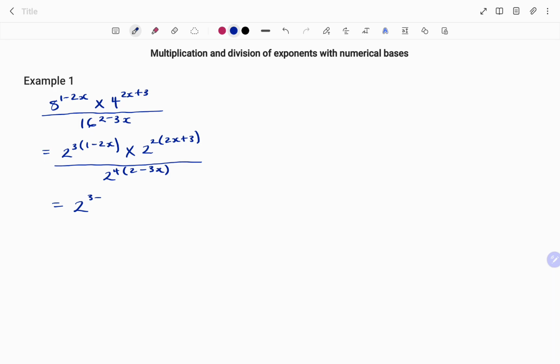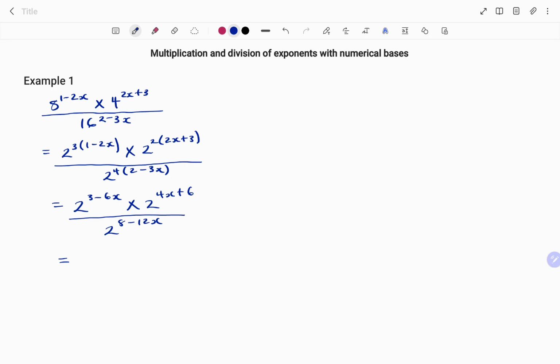I have 3 minus 6x times 2 to the power of 4x plus 6 all over 2 to the power of 8 minus 12x. Because my bases are the same, which is 2, I can easily group them.